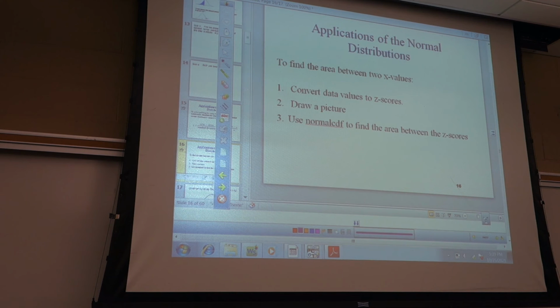Okay, good. So convert your data values to z-scores. Draw a picture. Use normal CDF to find the areas between the z-scores.